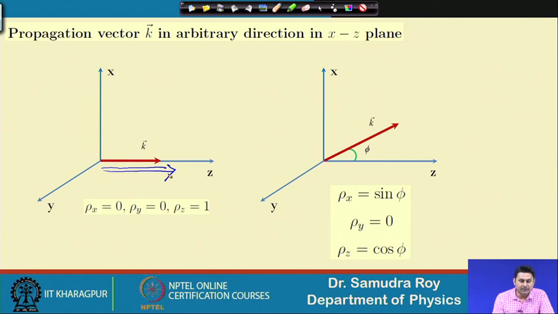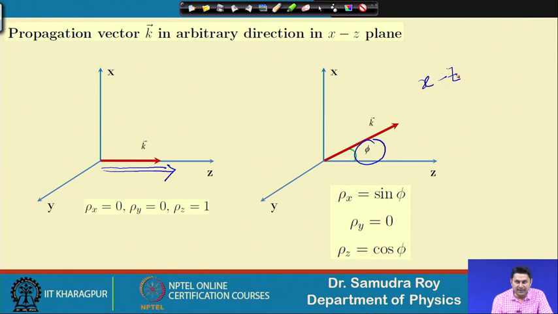We also found that. Next, we try to find out what happens if the k vector is launched at an angle phi with the z axis, whatever the axes are, x, y, z. So, it makes an angle phi with the z axis, and k is in the x z plane.